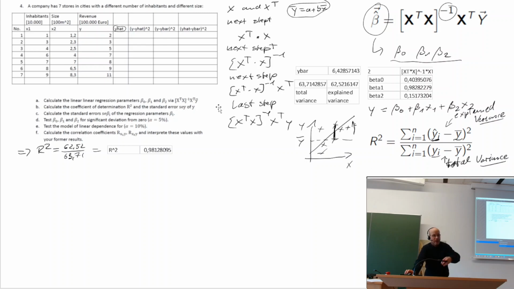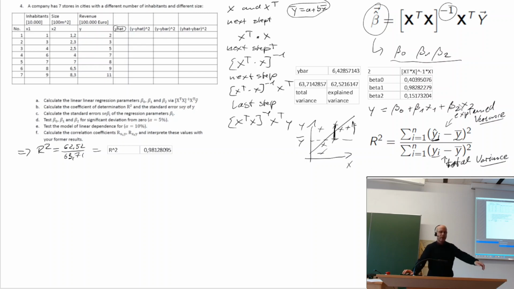So right now we only have done the descriptive part of our regression. We obtained these beta values, so we can then say, the first was the number of inhabitants.